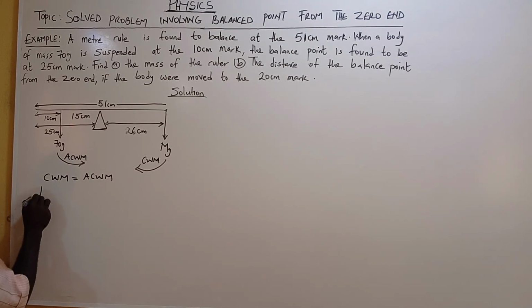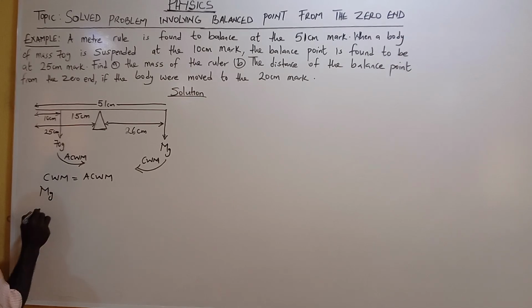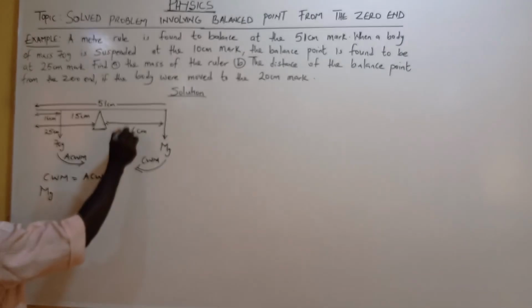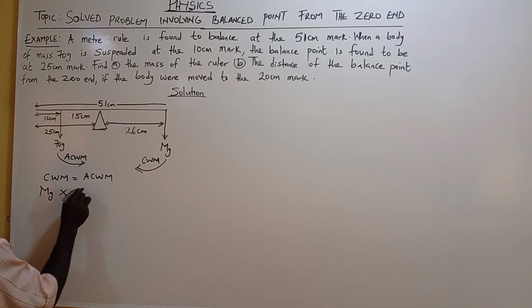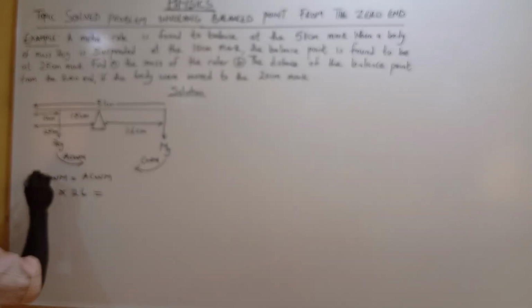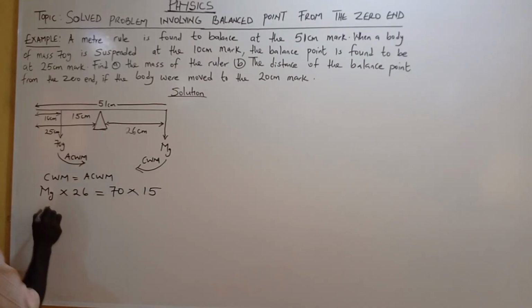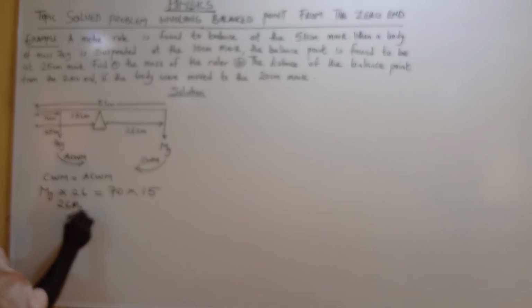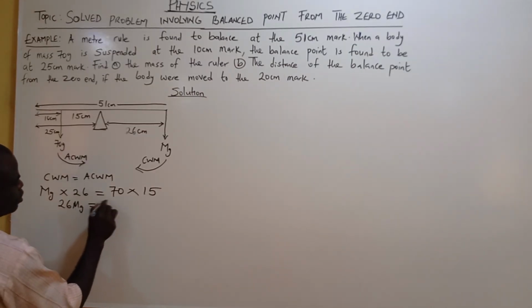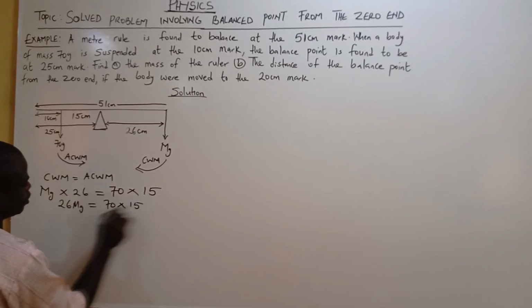And from there, you have mass in gram multiplied by the perpendicular distance, times 26, equals 70 gram, the mass, times the distance, 15. Now 26 times mass in gram equals 70 times 15.